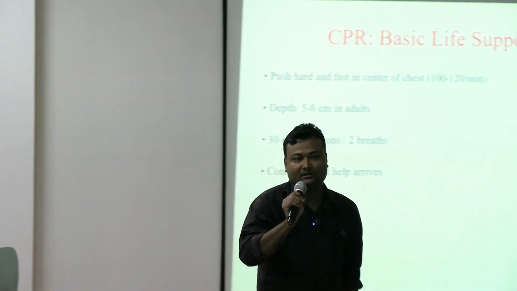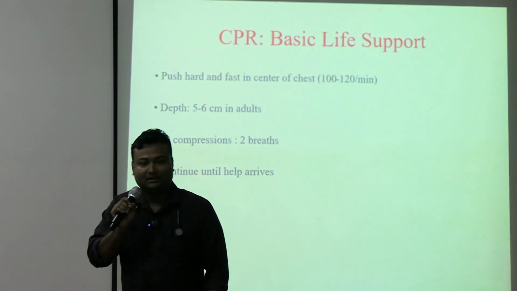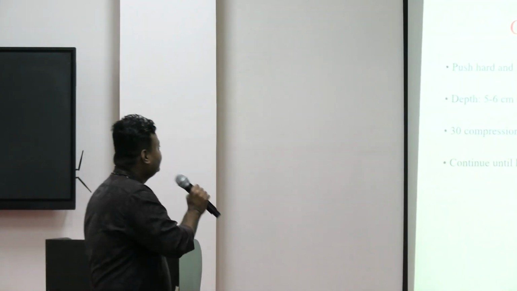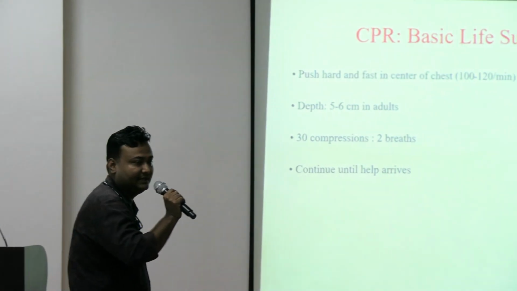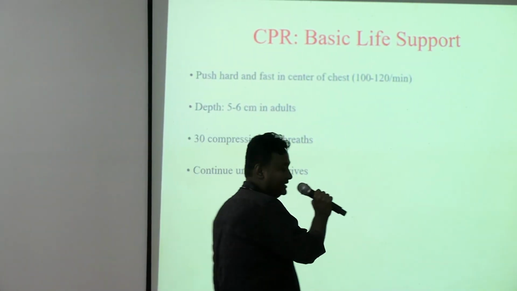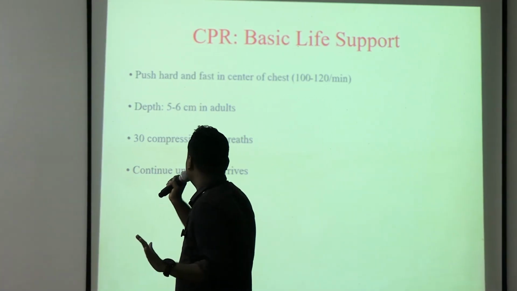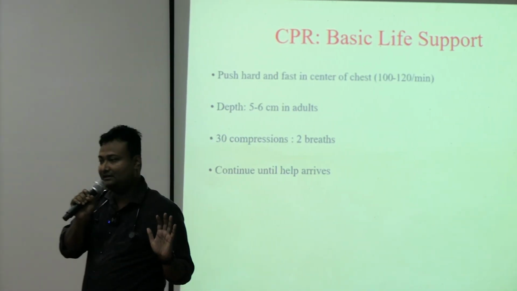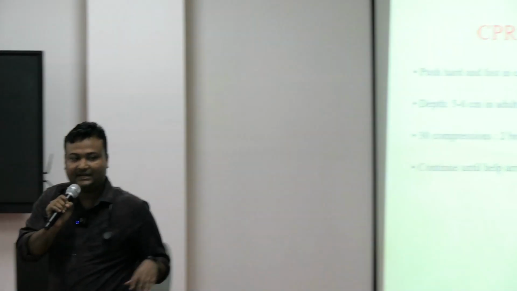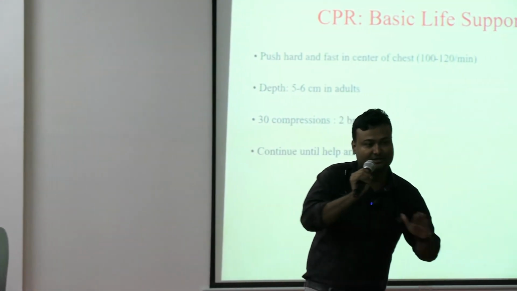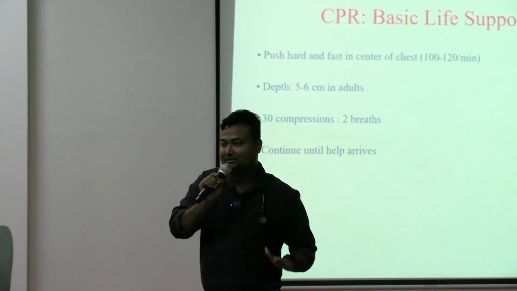So CPR, I think you already know about CPR. You had a class on CPR. I'll just go through it briefly. What are the important things in CPR? The main thing in CPR is you have to push hard and fast, and the pumping rate should be 100 to 120 per minute, with enough depth.